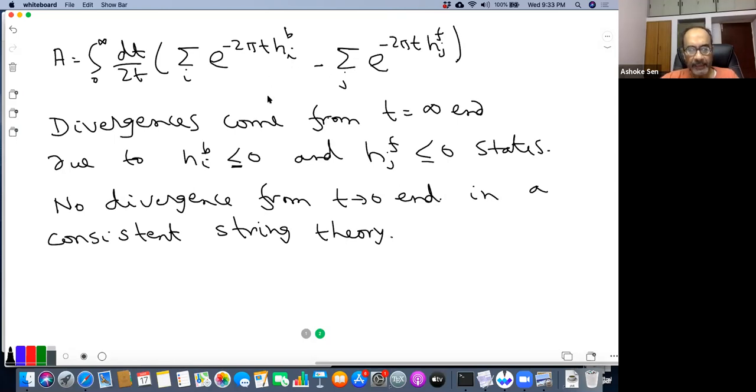And when you say there's no divergence in a consistent string theory, this basically means the following: because of open-closed string duality, you can interpret the t goes to 0 limit as a divergence in the closed string channel. And you can show that from the closed string perspective, as long as there are no closed string tachyons in the spectrum, there is no divergence as t goes to 0. As t goes to 0, these two terms must cancel. And that's what happens, for example, in two-dimensional string theory or superstring theories.